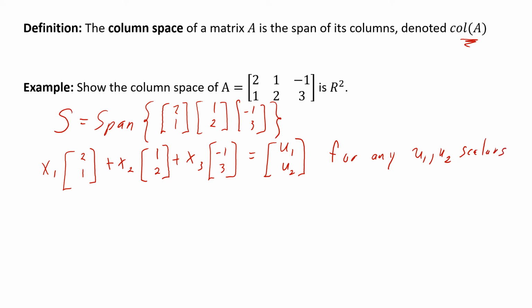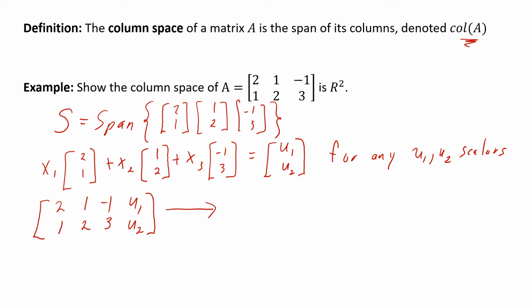In other words, no matter what you pick, can I build it? Can I get it from those 3 vectors? We know how to do this. We do our augmented matrix, and we look to see if we have a solution for any possible u2 and u1.